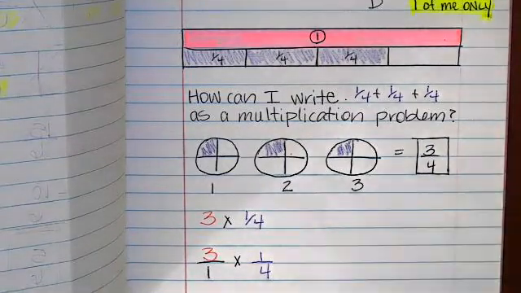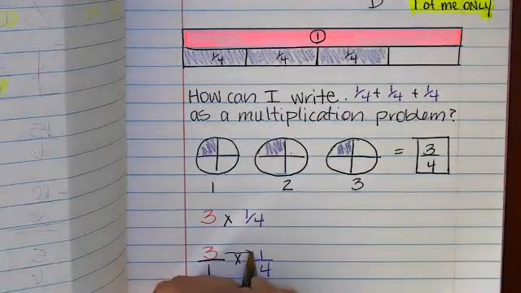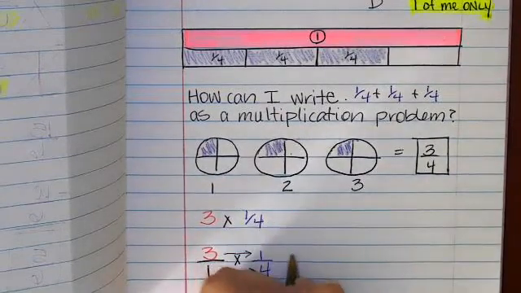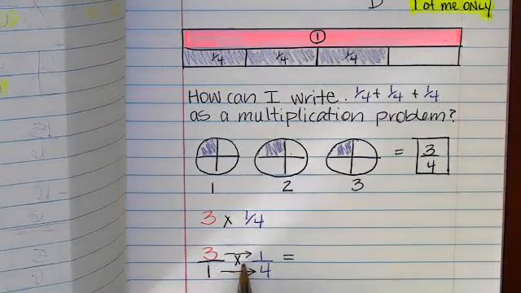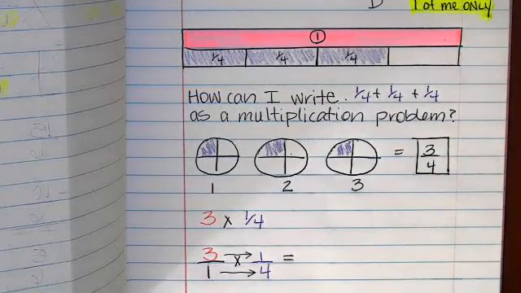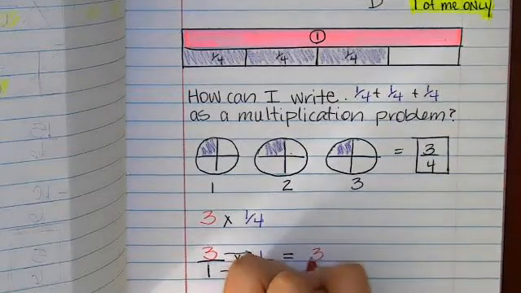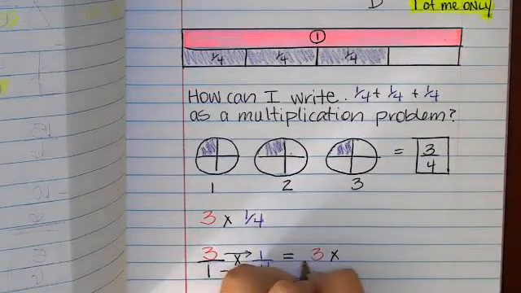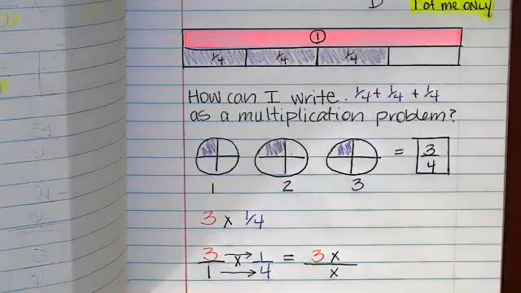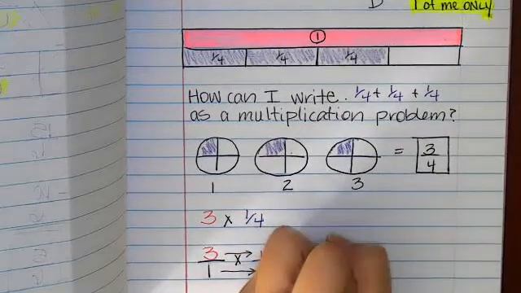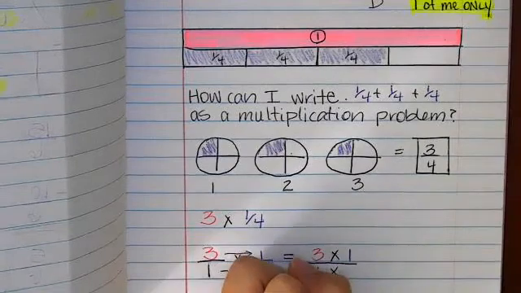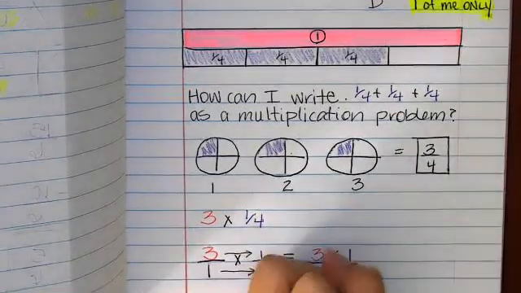When we are multiplying whole numbers with fractions, we multiply across. So we would do 3 times 1 and 1 times 4. I'm going to rewrite that in a way that you may be seeing in your work. In the numerator, they're going to write 3 times whatever that other numerator is, and then your denominators, which is 1 times 4.